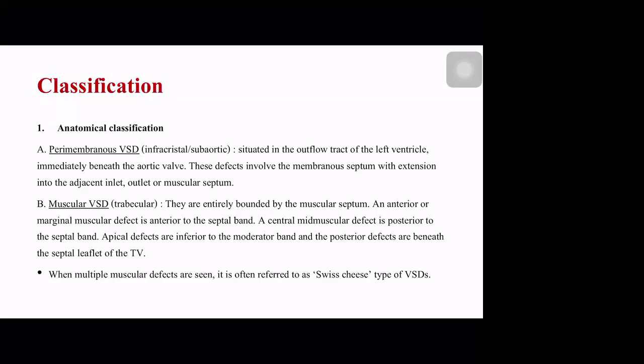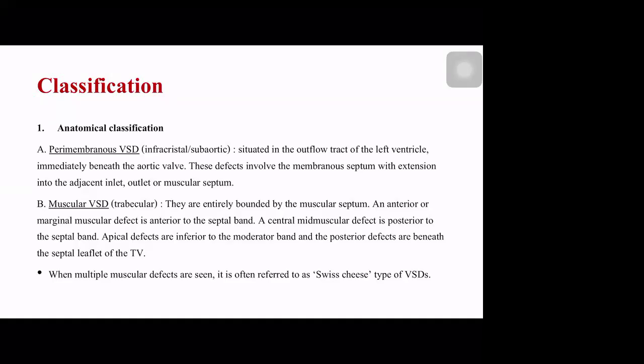That is why it is also called subaortic VSD. These types of defects involve the membranous septum, which might have extension into the adjacent inlet, outlet, or the muscular septum.